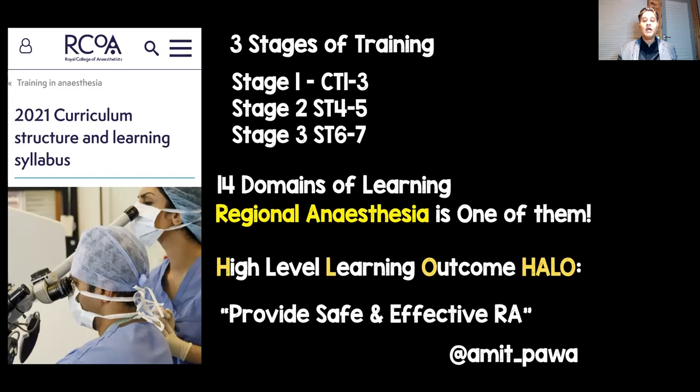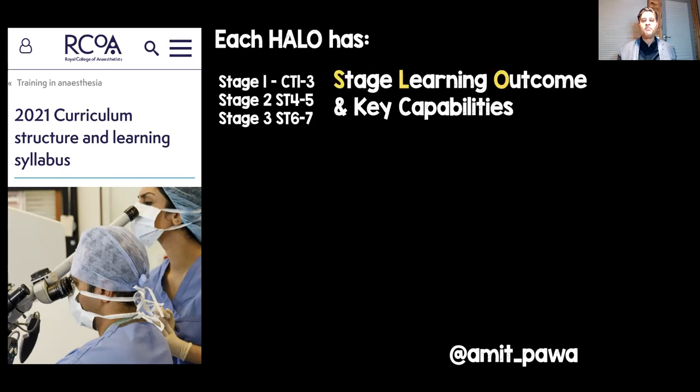Each domain of learning has a high-level learning outcome. For regional anaesthesia, the high-level learning outcome, or HALO, is to be able to provide safe and effective regional anaesthesia. Pretty all-encompassing statement. Each high-level learning outcome has stage learning outcomes, SLOs, and key capabilities.